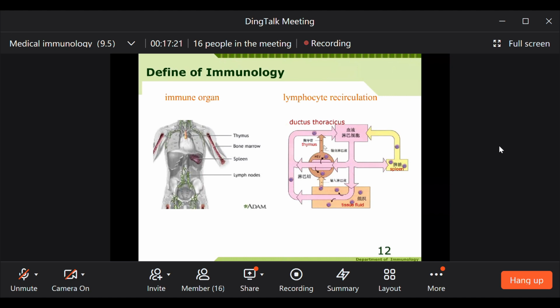It's very complex. The immune system is made up of lymph organs, lymph tissue, and immune cells. The immune system is a very complex network of lymphatic vessels.